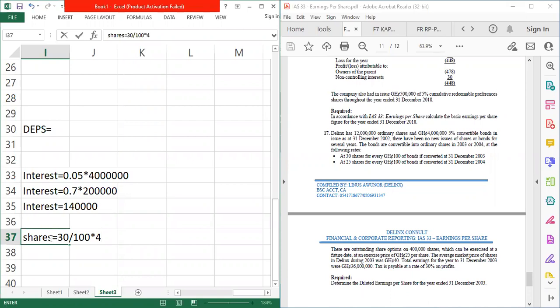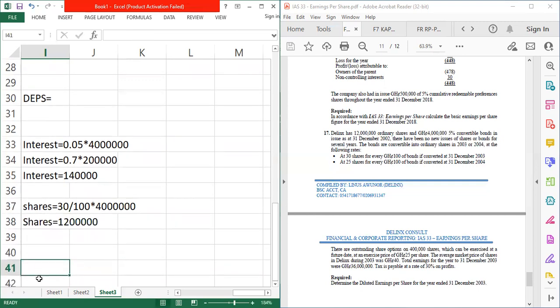What's the value of the convertible instruments? 4 million. So if you do this, what are we having? 1.2 million. Okay. So we are done with the convertible. Let's come to share options now. What is the actual market value of the share option?